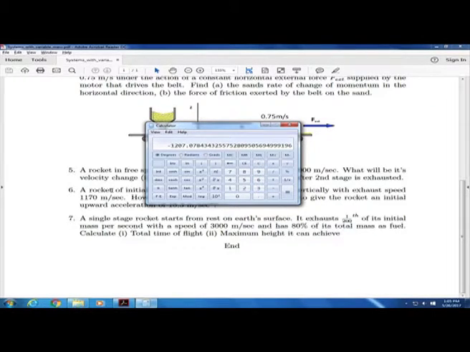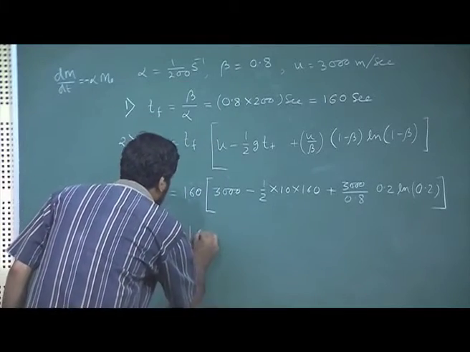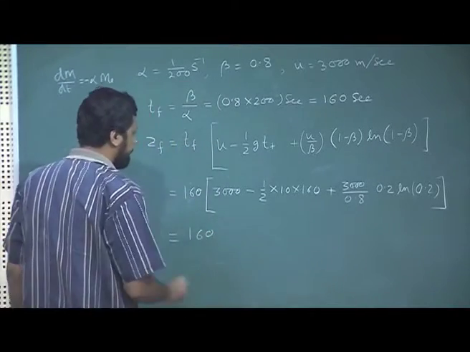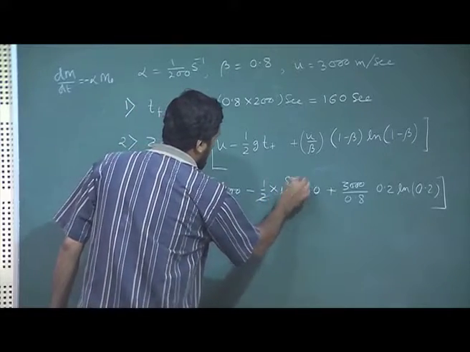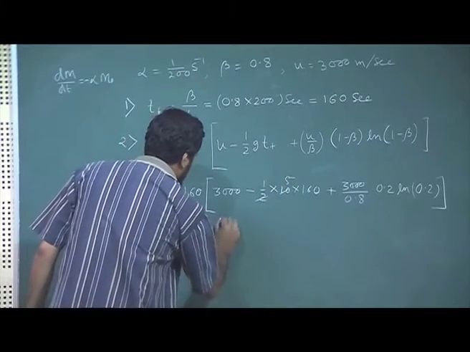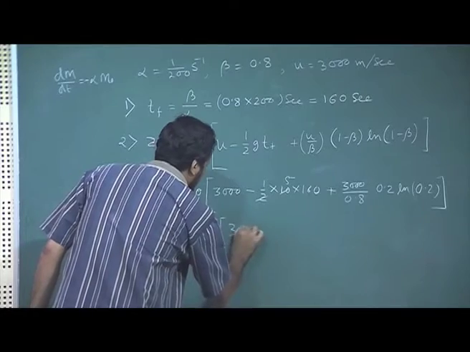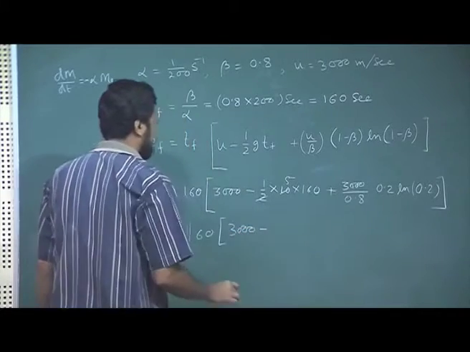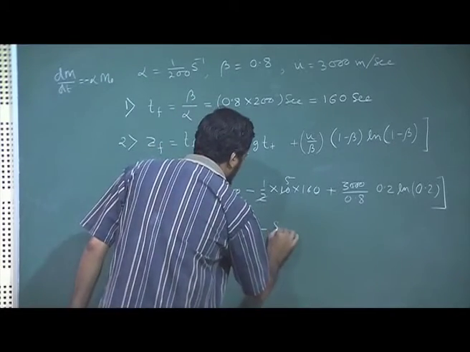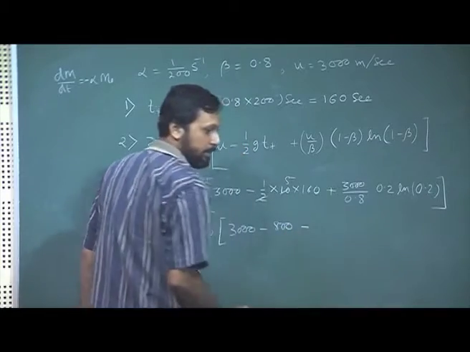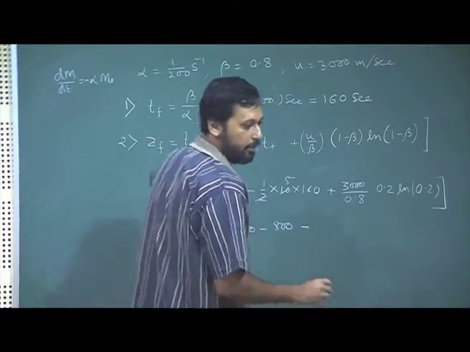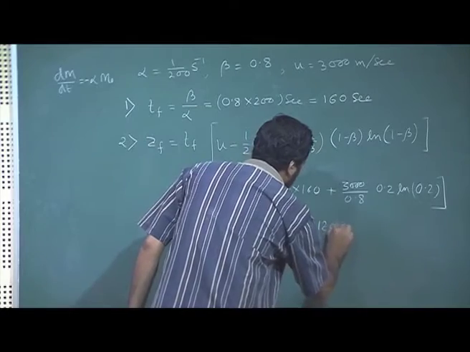Okay. So, once we go back here, it is 160, so this is 5, so it is 3000 minus 800 minus 12, approximately 1207.